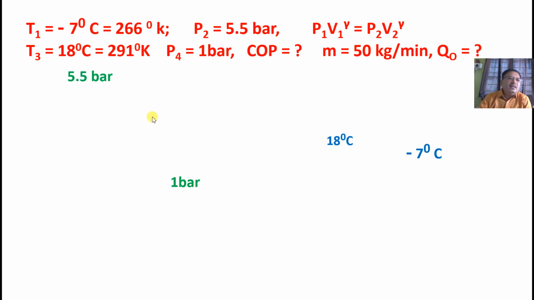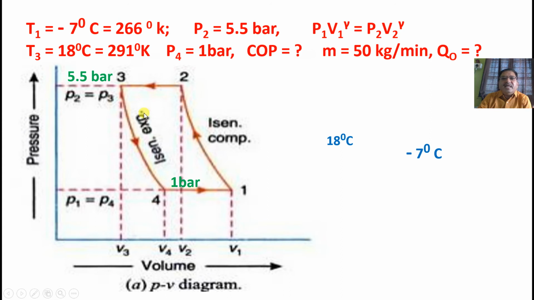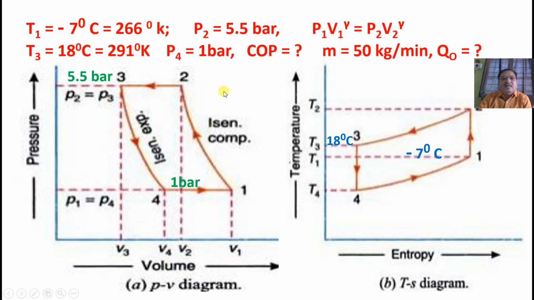On the PV and TS diagram, let us see the pressure and temperature. T1 temperature is shown as -7 degree centigrade, that is equal to 266 degrees Kelvin. Now the pressure P2 is equal to P3 is equal to 5.5 bar, shown here on the PV diagram.